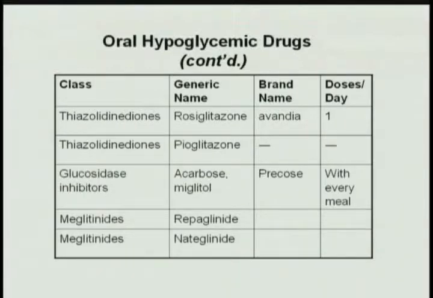Now there was an older glitazone medication that was pulled off the market, and the reason it was pulled off the market was because of the severe liver toxicity associated with it. Now we don't see that with rosiglitazone or pioglitazone. It's very uncommon, but sometimes with these patients, you have to monitor them for liver disease.